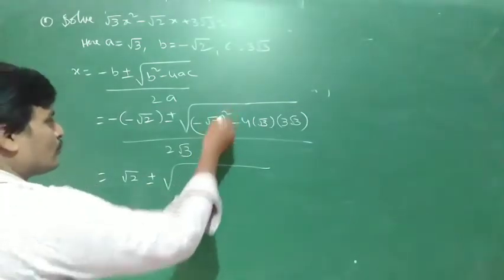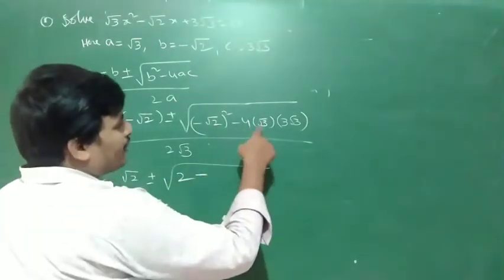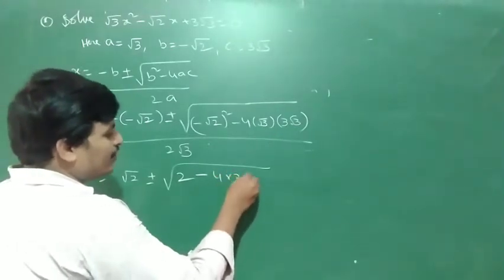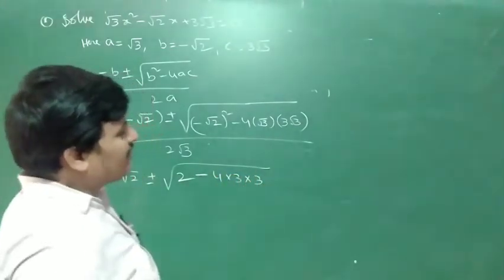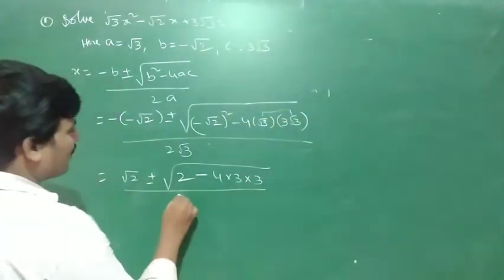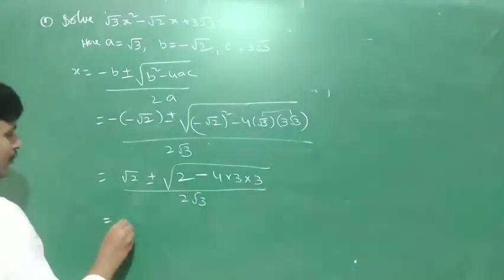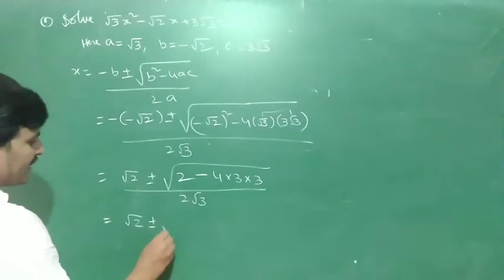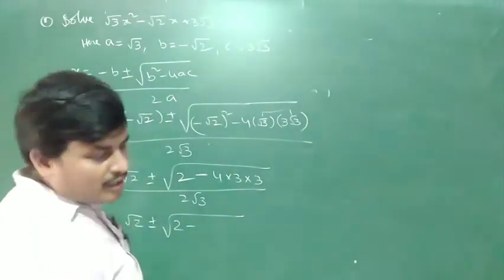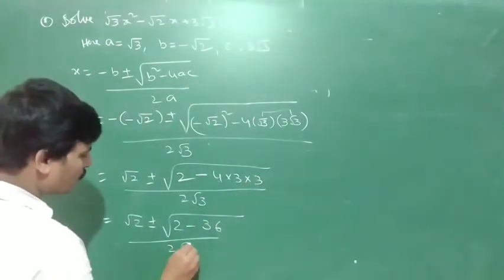So 2 minus 4 into root 3 into root 3, and root 3 into root 3 is 3, by 2 root 3. So that is equal to root 2 plus or minus root of 2 minus 4 into 3, 12, 12 into 3 is 36, by 2 root 3.